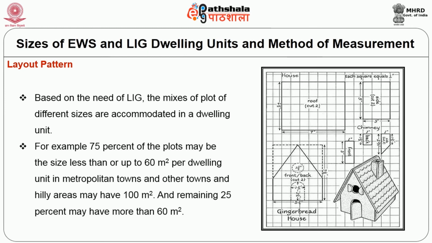For example, 75% of the plots may be of size up to 60 meter squared per dwelling unit in metropolitan towns, and other towns and hilly areas may have 100 meter squared, and the remaining 25% may have more than 60 meter square.